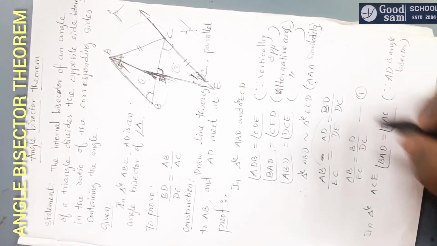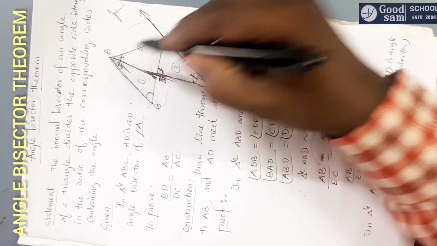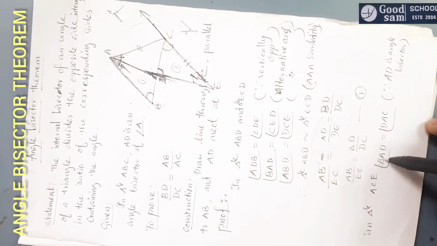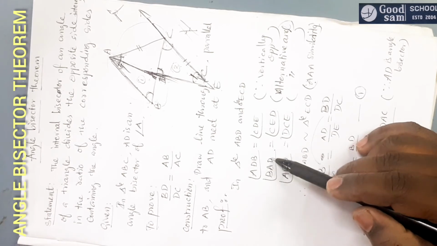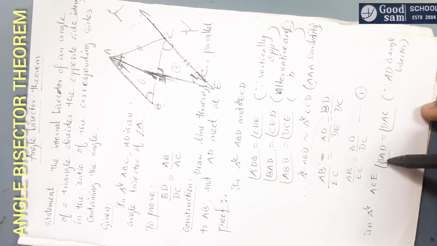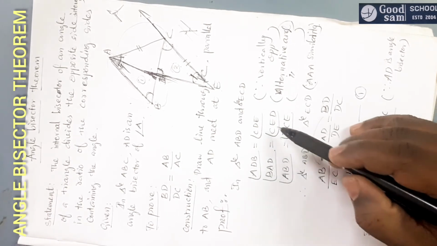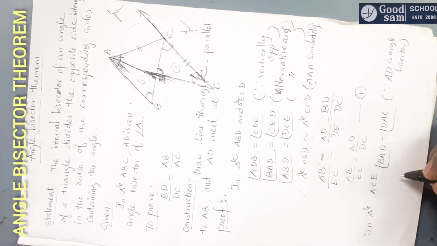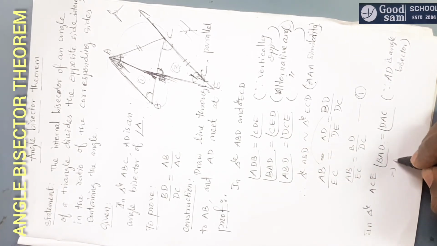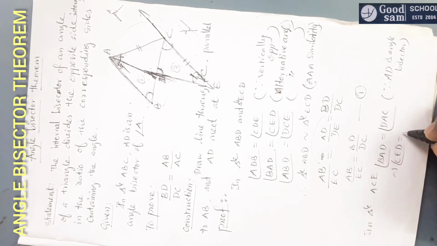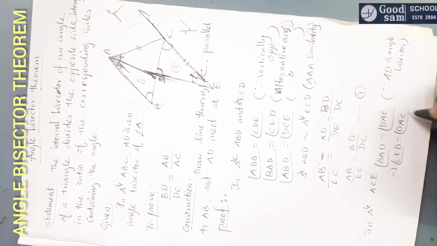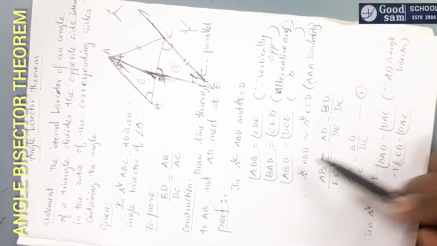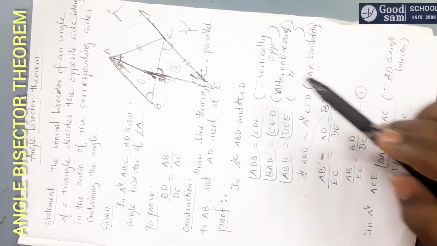So these two are equal. Look at this: BAD is equal to ECD, BAD is equal to DAC. So these two must be equal. From this we can write CED is equal to DAC. BAD is equal to DAC because AD is an angle bisector.